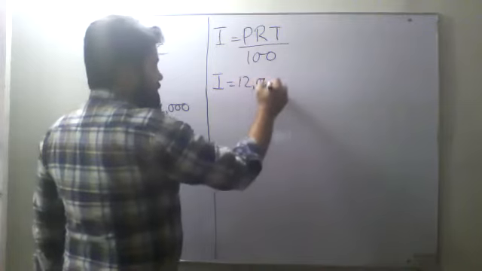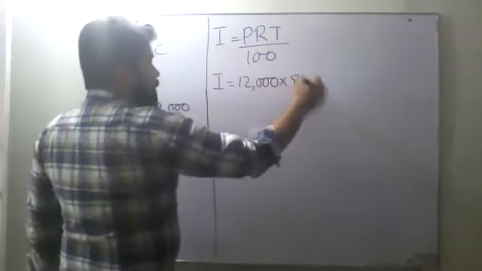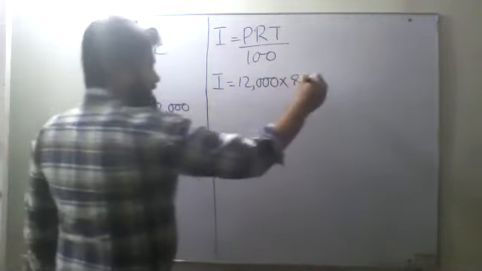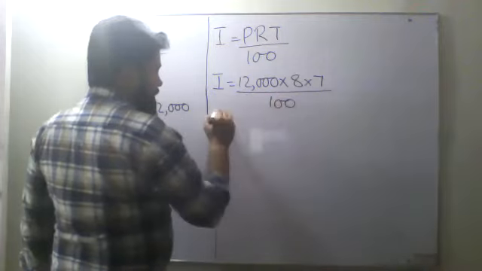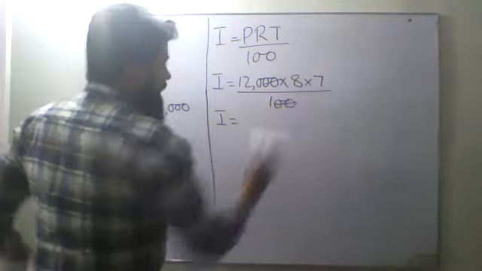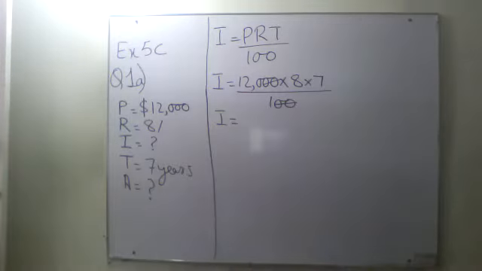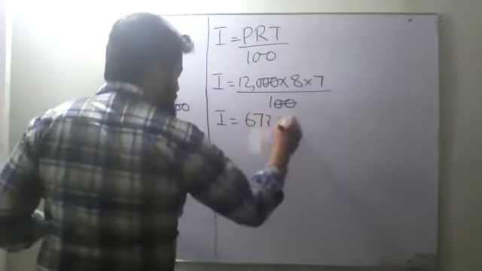What is P given? $12,000. What is R given? 8. What is T given? 7 over 100. Simplifying it, these two zeros will be cancelled by these two ones, so 120 into 8 into 7, my final answer of interest is coming 6720.